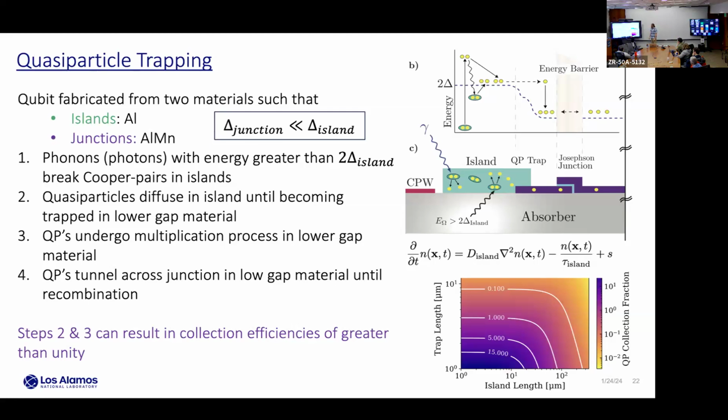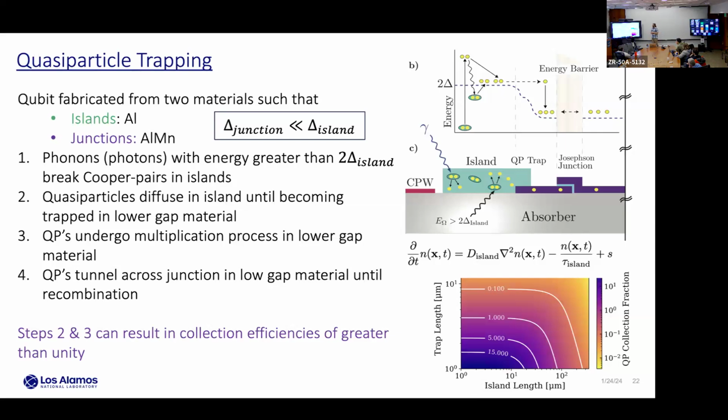The way that this is done in other sensors is to use aluminum as one of the materials, and then you need a lower band gap material for the other. Tungsten is one that's commonly used for the transition-edge sensor version. But since we need this other one to make a qubit, we have to have a nice oxide layer that we can grow on it.